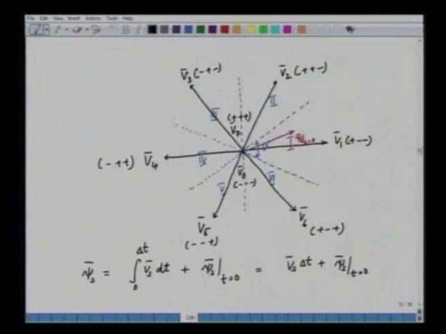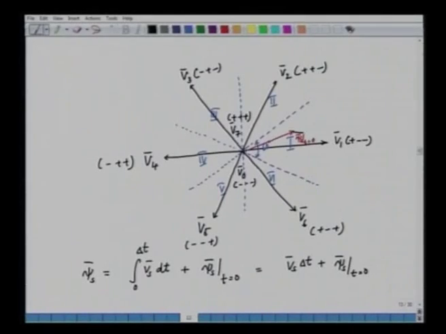So, if we see this diagram here, which vector shall we apply? Shall we apply V1? Now, if we apply V1, then the vector will be moving in this direction. That is not correct, because if you apply V1, the torque will be reduced to some extent, not increased, but we have to increase both the torque and flux.